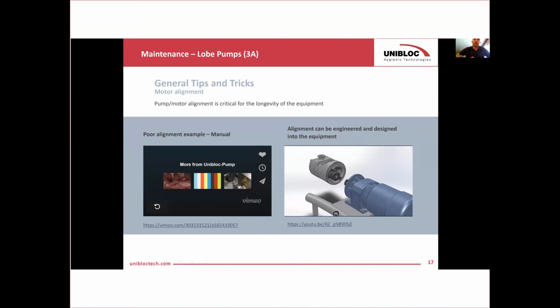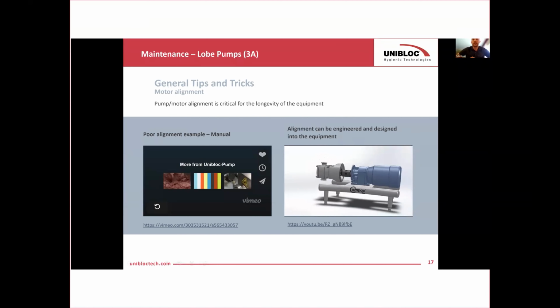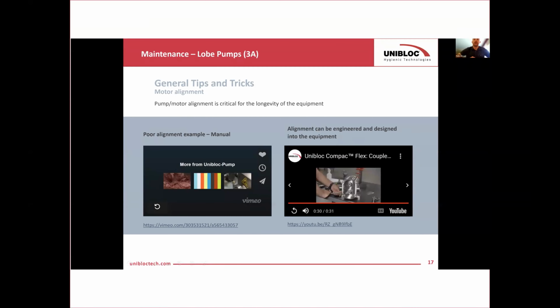So you don't have to think about the alignment anymore, because once you bolt this pump back on, it is instantly aligned. And there you can see the flange goes on with the motor reducer. So there are techniques and equipment out there that make this easier for you.